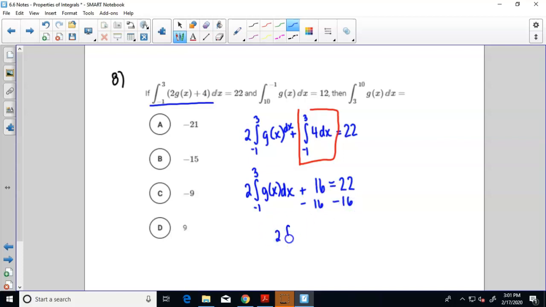So I've got 2 times the integral from -1 to 3 of g of x dx equals 6. What can I do now? I could divide off that 2. And so I'd have the integral from -1 to 3 of g of x dx equals 3.